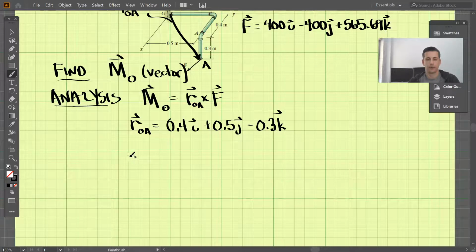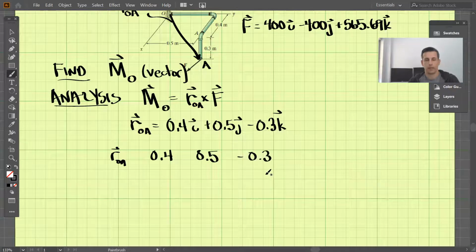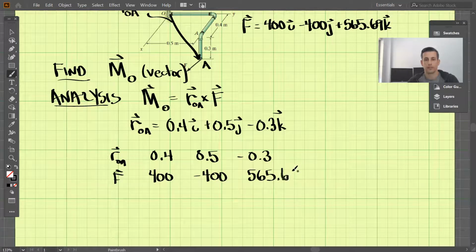To perform the cross product, what we can do is write the R vector, ROA, and so the R vector is 0.4, 0.5, and negative 0.3. Okay, and then the F vector is 400, negative 400, 565.69. And I'm going to show a different procedure for performing this cross product by hand.